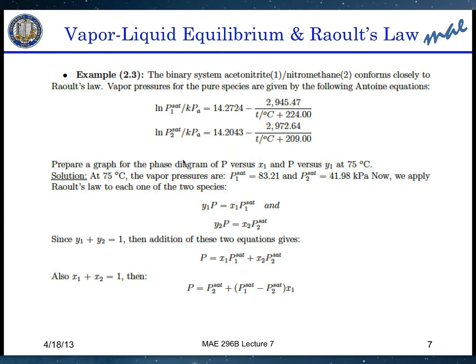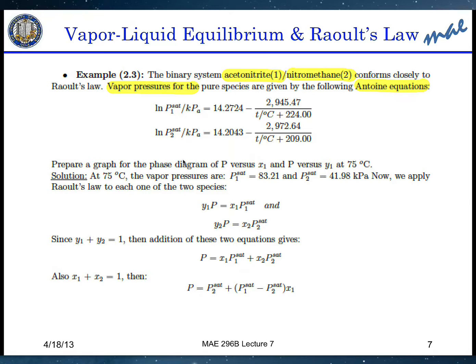In this example, I have two species: acetonitrile, number 1, and nitromethane, number 2. And the vapor pressures are given by the Antoine equations, which are just a small modification of the equation that we got from Clausius-Clapeyron, if you remember that.